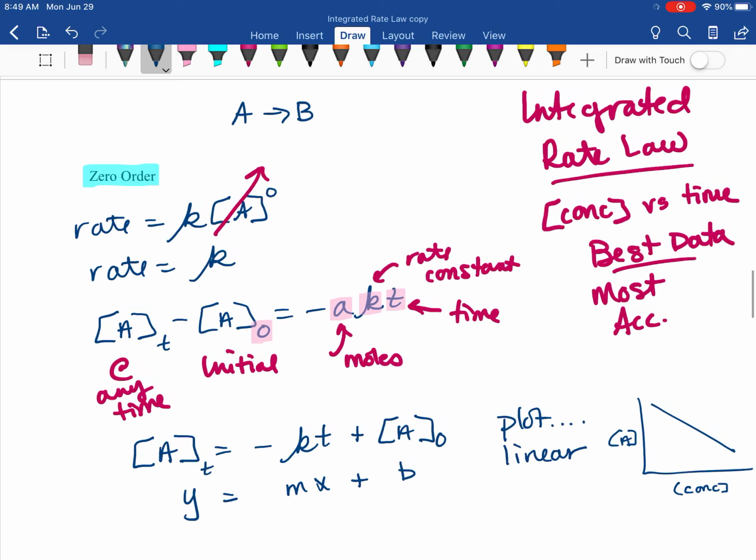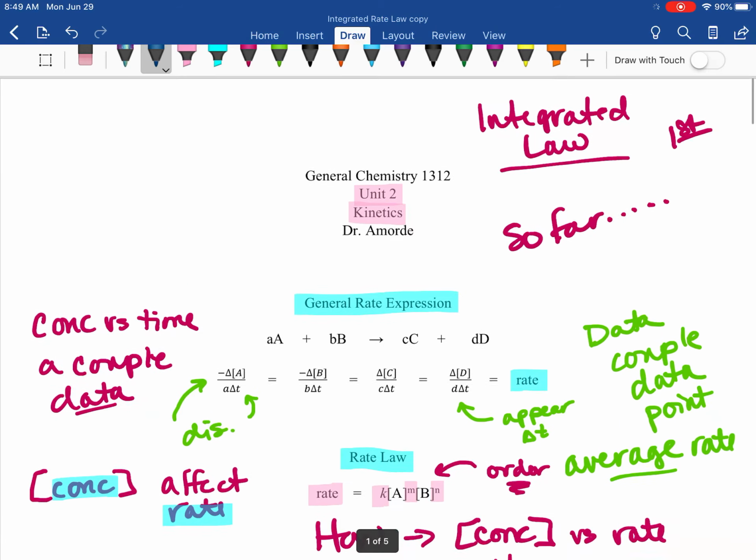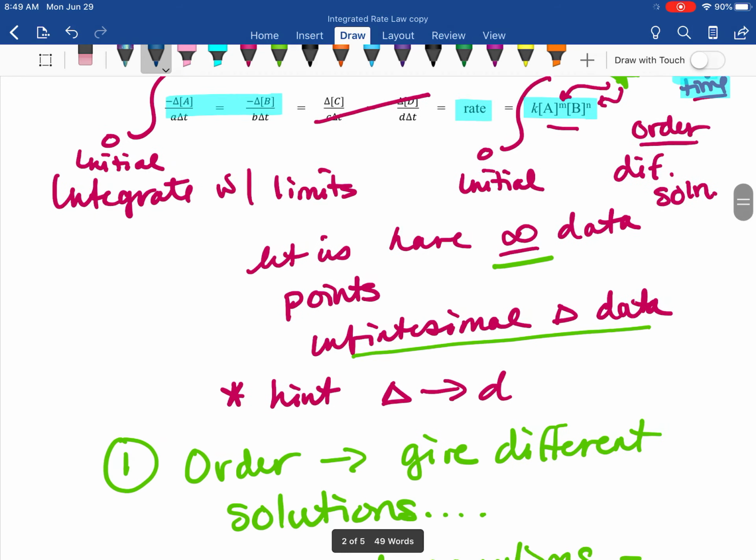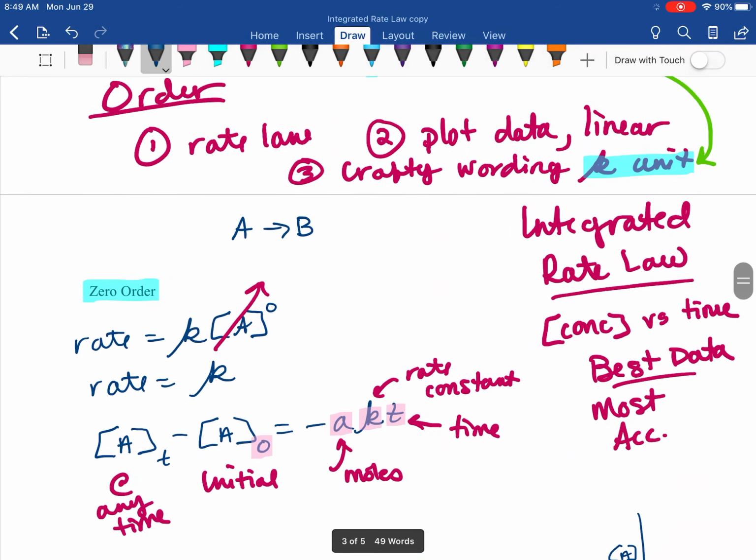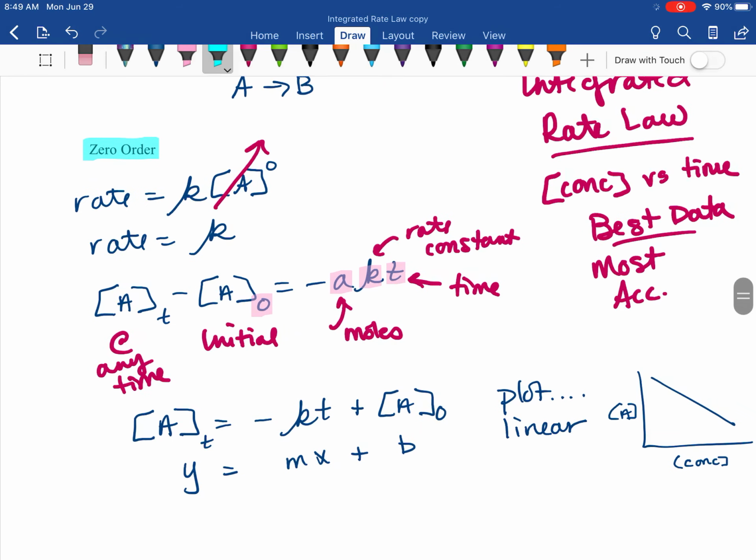So look at this. This is kind of awesome. When we get to where we're plotting our data points, if you can get to your slope, then you can get to your rate constant. What?